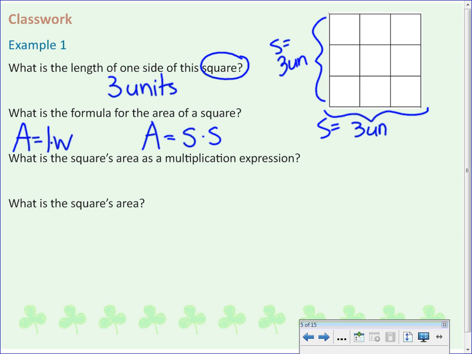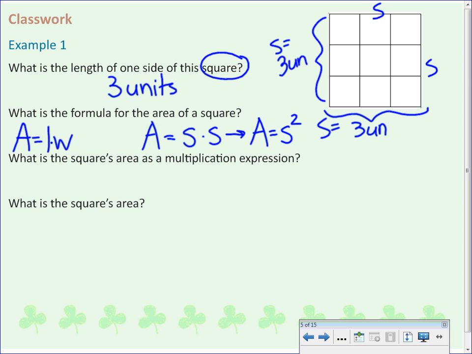So every time I look at it, S is going to be 3 in this case. So S times S can be written as side squared. So for a square, we want to say side squared because every side is the same. S is always the same number for this problem.